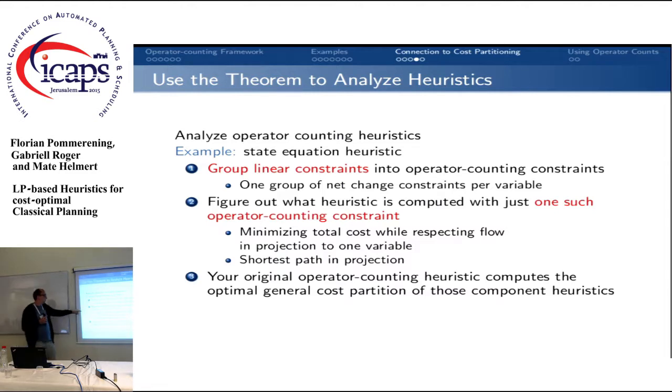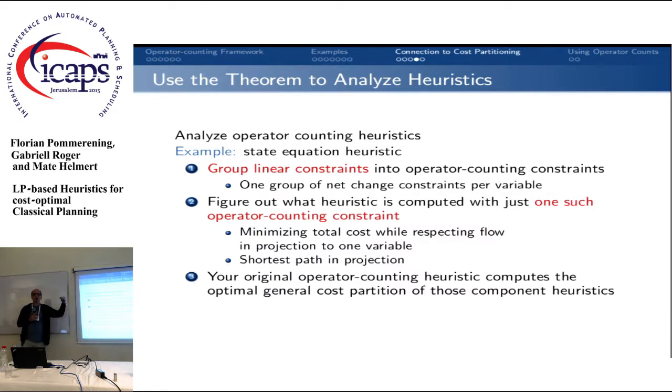So we are still minimizing a total cost. We are minimizing it subject to constraints that say, for this one variable, I have to respect incoming and outgoing flow in all values. So what this means is, if I consider just the transition system of this one variable, the flow from the initial value of the variable to the goal value of the variable must make sense.